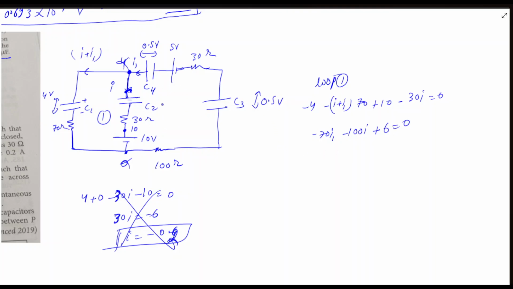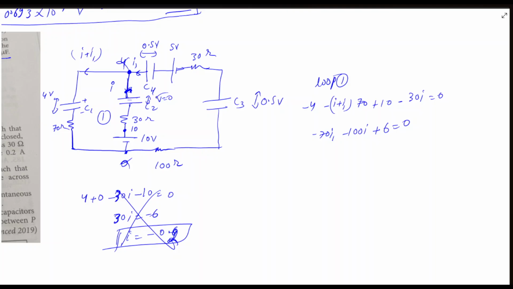Let's use Kirchhoff's law in this loop now. Or we can use it in this bigger loop. Which one will be easy? So here there are a lot of things, right? Now you will say, sir, what is the potential difference here? It will be 0, because as soon as you close it, there was no charge on it.